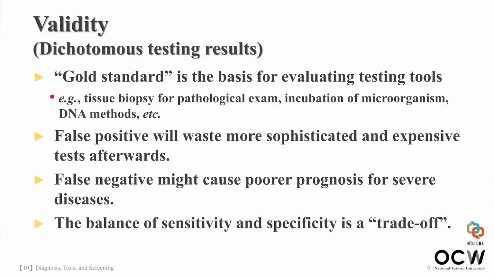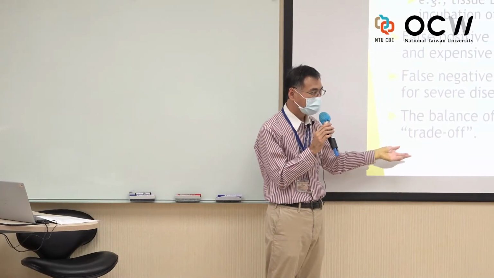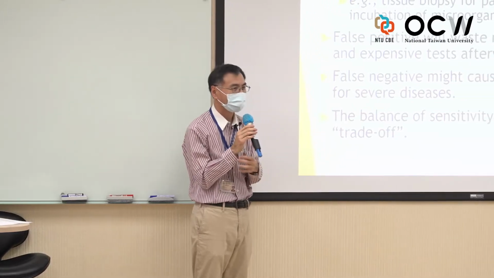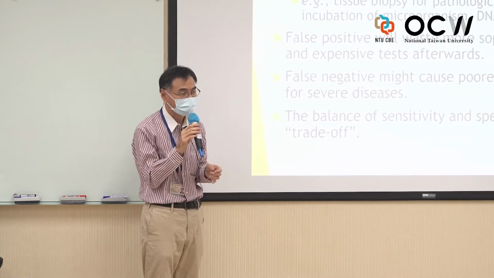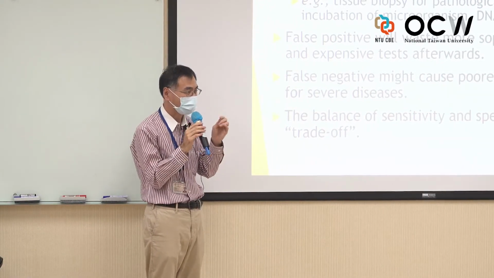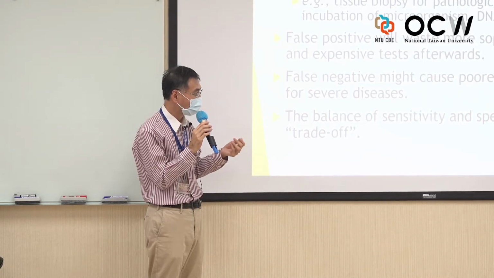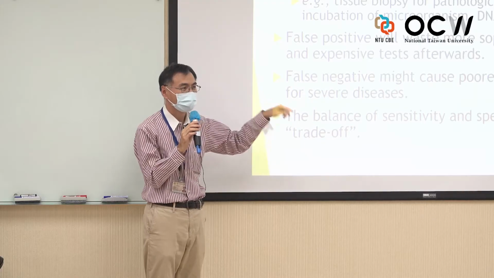So we have to consider the whole thing and find the balance point between sensitivity and specificity, because it's a trade-off. If you are trying to enhance the sensitivity, you might change the criteria to define the cutoff point, right? To enhance the sensitivity, then specificity will generally go down.